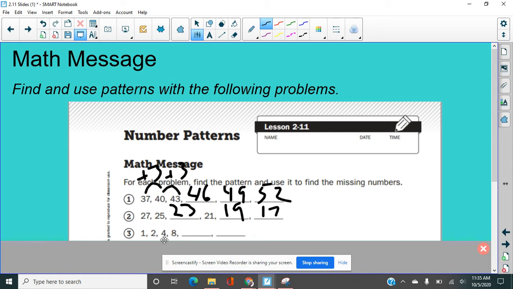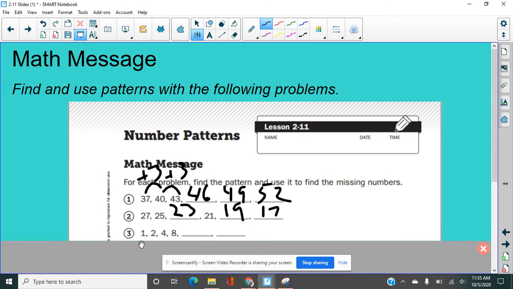Well, that didn't work. So what else could it be? If they're going up, it has to either be adding or multiplying. That's a good rule to know. If the numbers are going up, it's always adding or multiplying. If the numbers are going down, it's always subtracting or dividing.